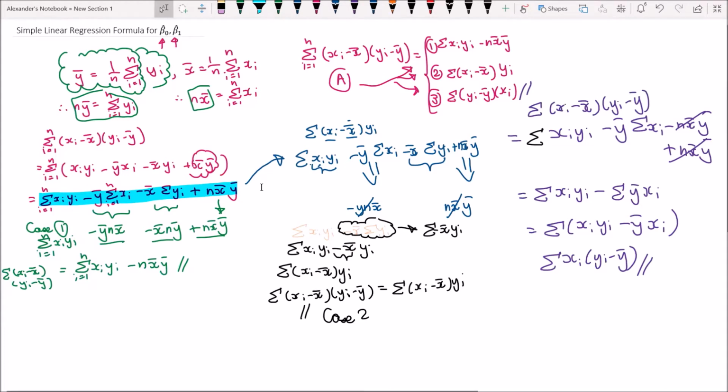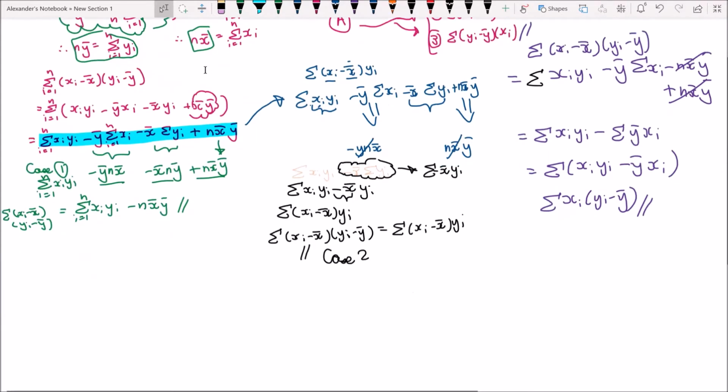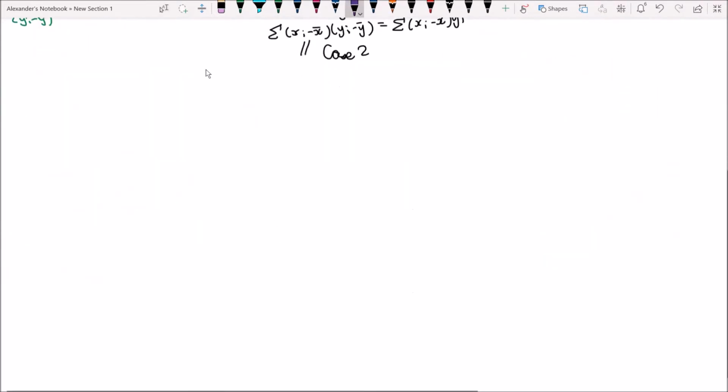Now, I've done all of these things to allow us to easily derive the coefficients for our regression model, the estimated ones, beta 0 hat and beta 1 hat. So these are the coefficients for the simple linear regression model. So let's start with our linear regression model. For a simple linear regression, we have yi equal to beta 0 plus beta 1 xi.